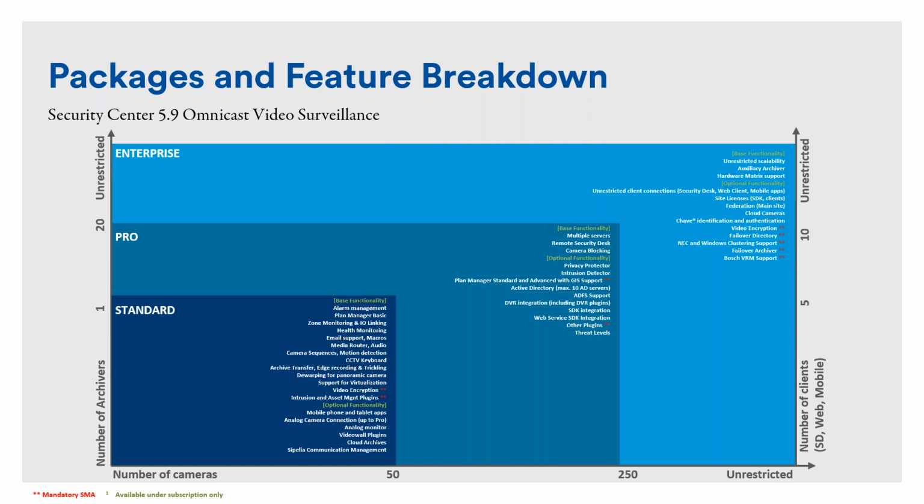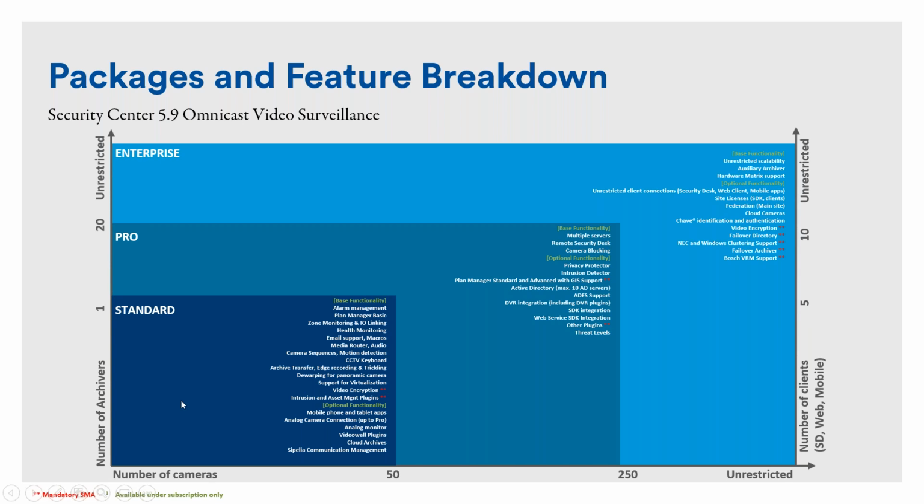We have 3 on-premise packages that include standard, professional, and enterprise. And basically, those packages are based on the number of cameras, which you can see at the bottom, the number of archivers, which you can see on the left-hand side, and the number of client workstations, which you can see on the right-hand side.